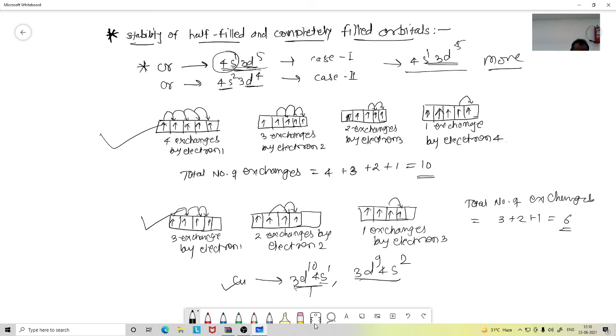If you calculate the number of exchanges, there are 20 exchanges for this electronic configuration, and for this electronic configuration there are 16 exchanges. Therefore, the 3d10 4s1 electronic configuration is more stable, and therefore this is the more probable electronic configuration.